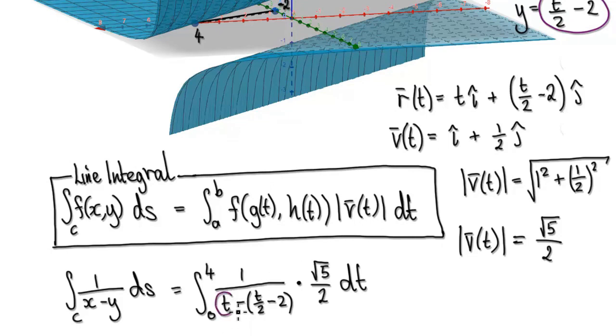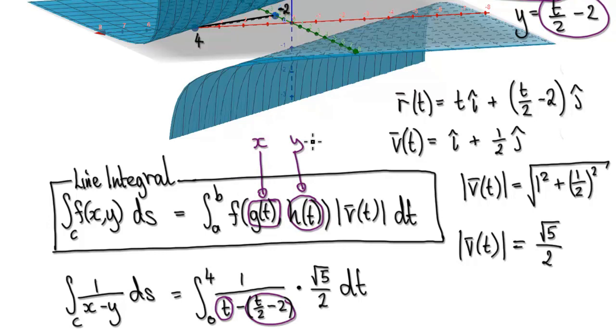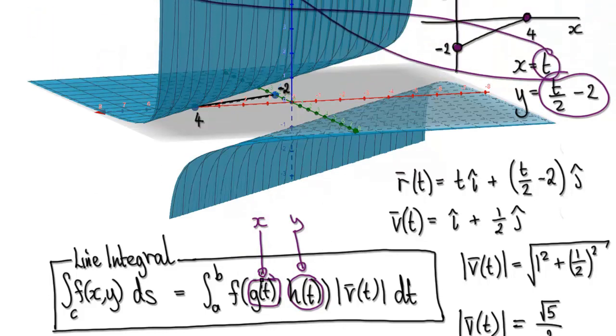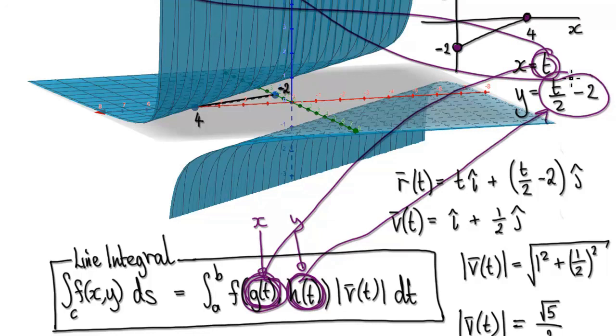This is our x and this is our y. This is what is meant by some sort of function to describe our x location, and some sort of function to describe our y location. In our case, it's just t, and for y, it's this thing here.